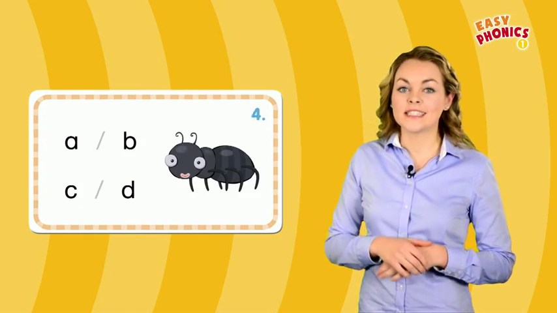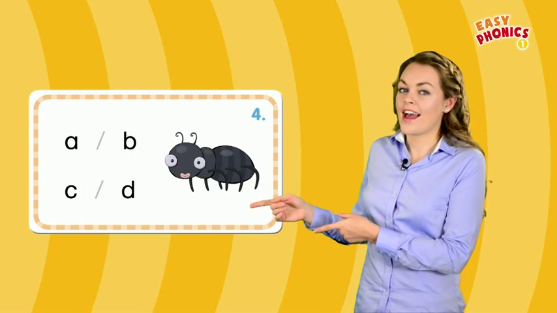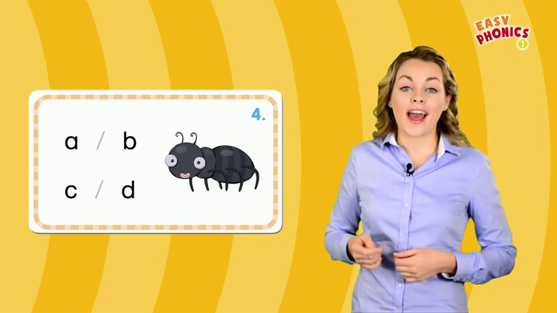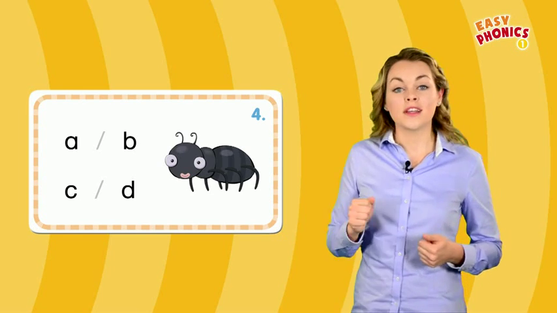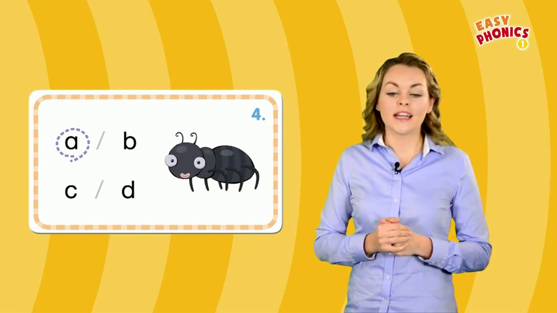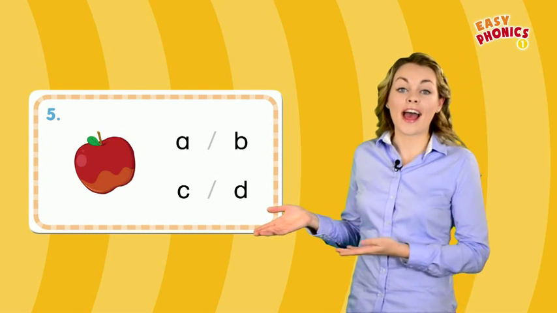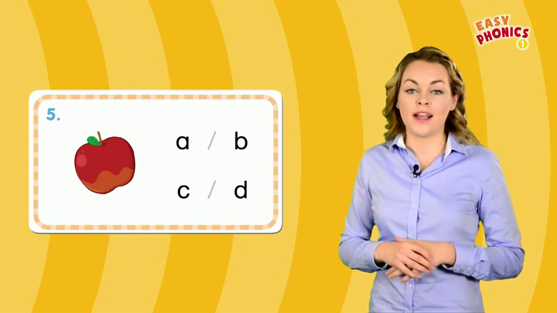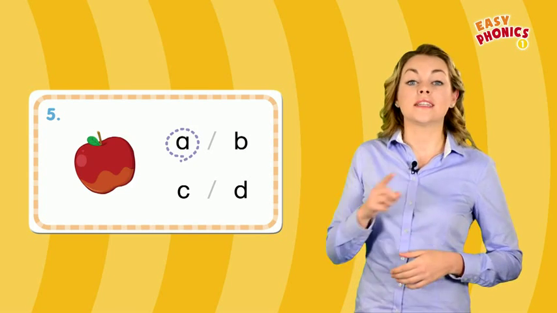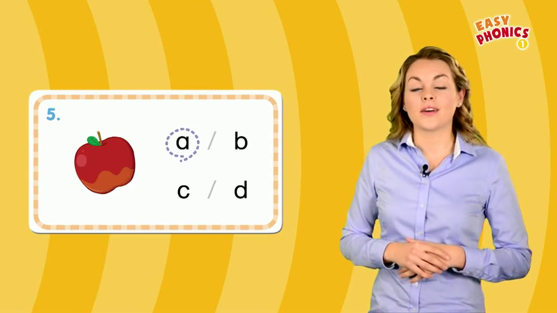Okay, and next, it's an ant. Ant. So you need to circle the letter A. All right. Next we have, what is it? An apple. Apple, that's right. So circle that letter A. All right.